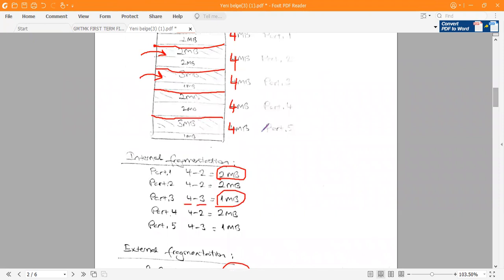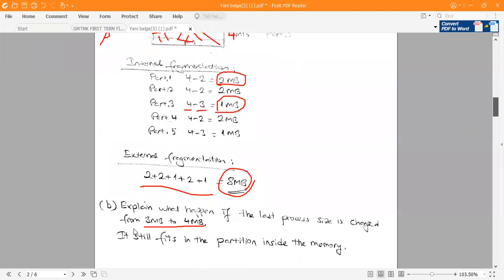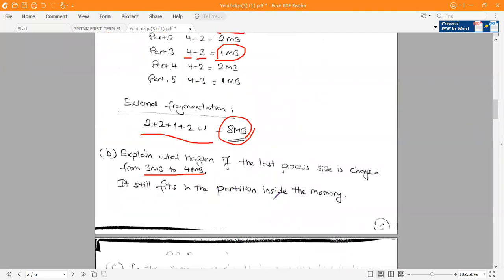If it is not 3 and 4 megabytes is coming, all processes will be put here, so it will fit there. So the answer is it fits. It still fits in the partition inside the memory.